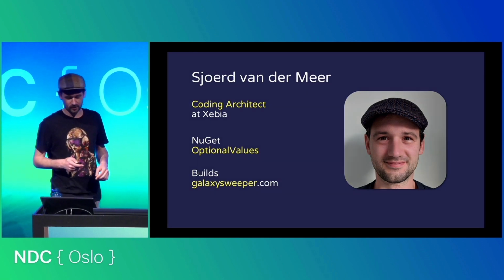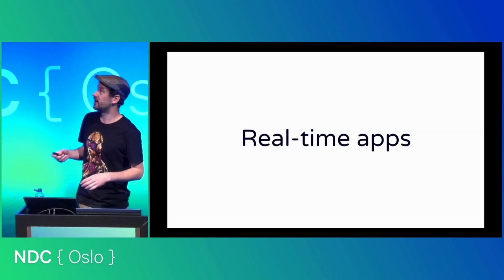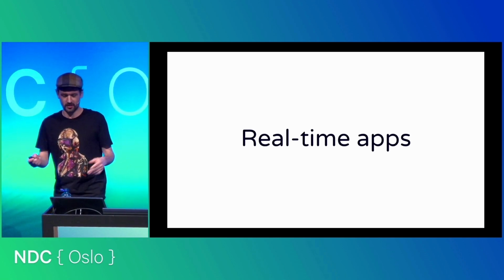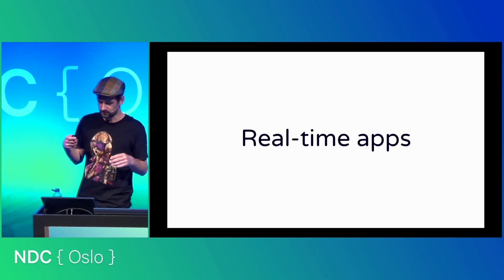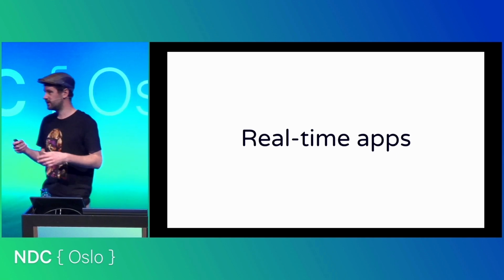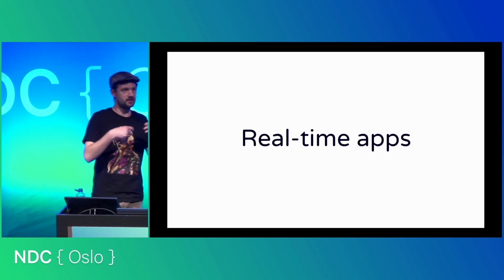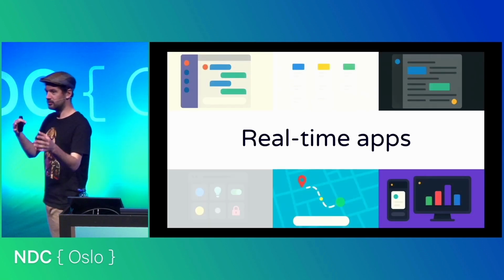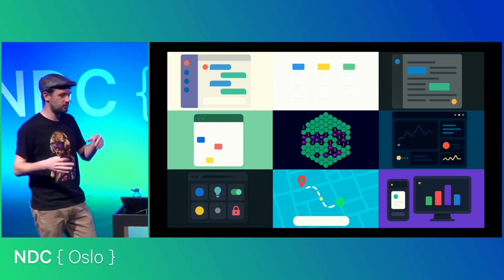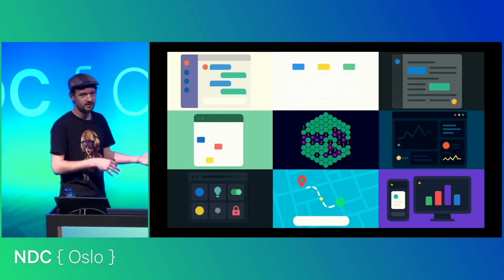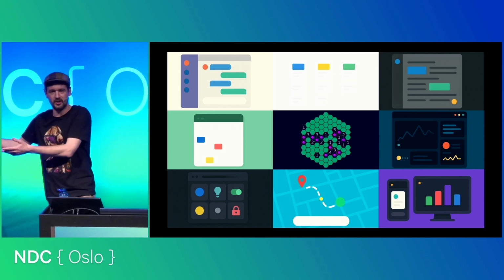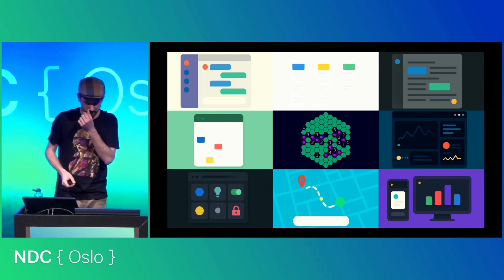So we're going to talk about real-time apps. What do I mean with real-time apps? Basically apps which are low latency, event-driven, and allow collaboration. So if you do an action, you get immediate feedback, also for other users.